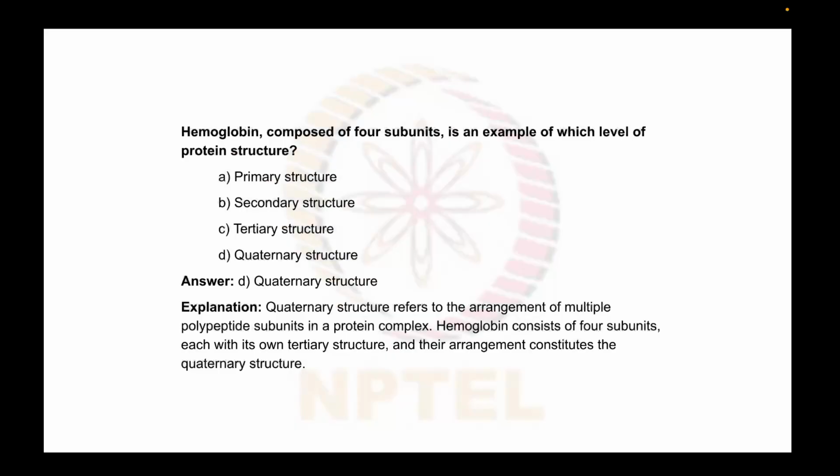It refers to the quaternary structure, which is the arrangement of multiple polypeptide subunits in a protein complex. As hemoglobin consists of 4 subunits, each with its own tertiary structure, their arrangement constitutes the quaternary structure.